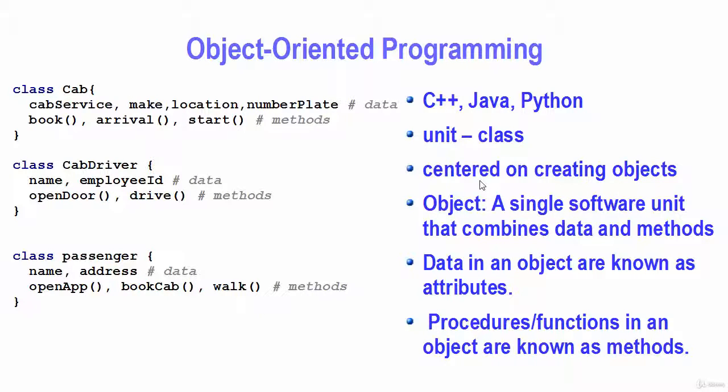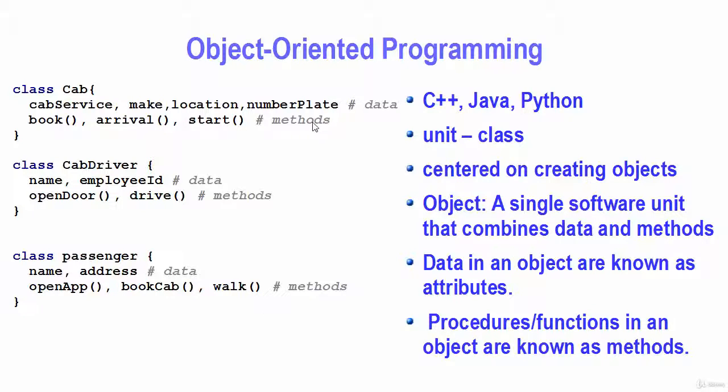So let's rewind once again what we have learned about object-oriented programming. The basic unit in object-oriented programming is a class, and a class refers to a blueprint which can have data and methods. Now using a class we can create objects.